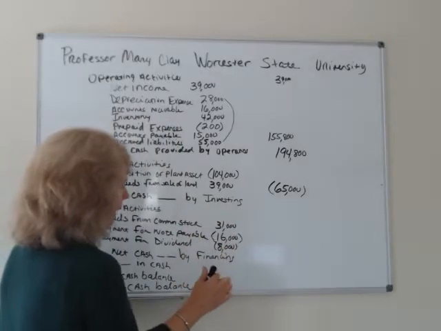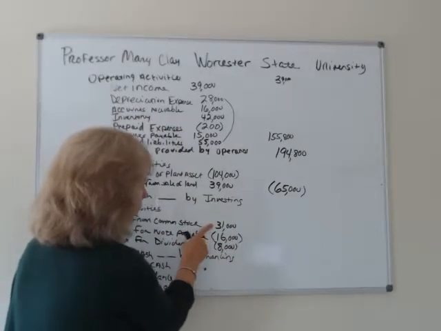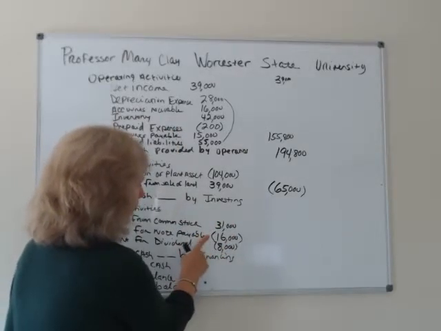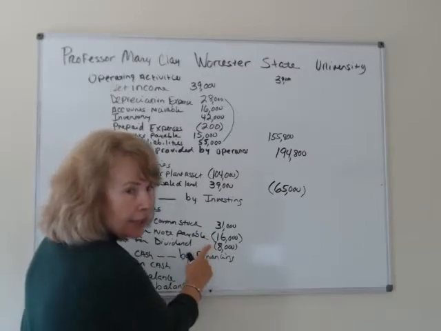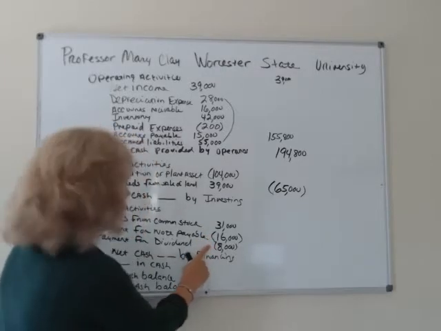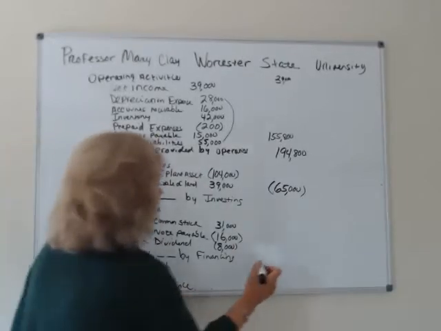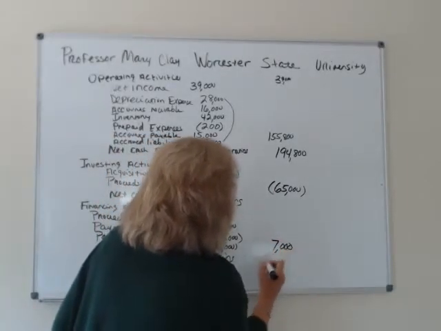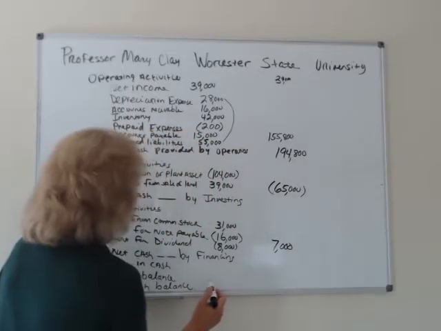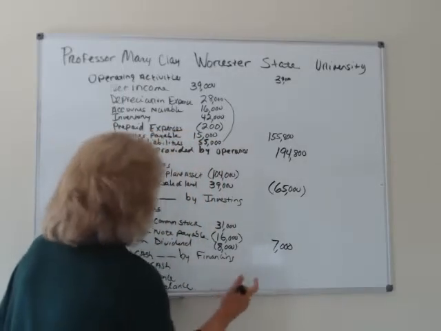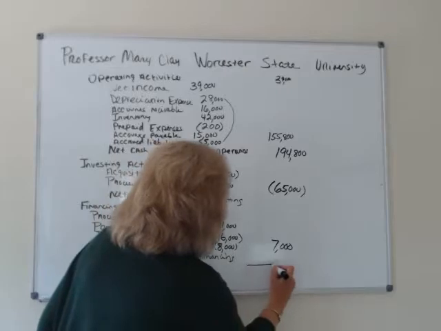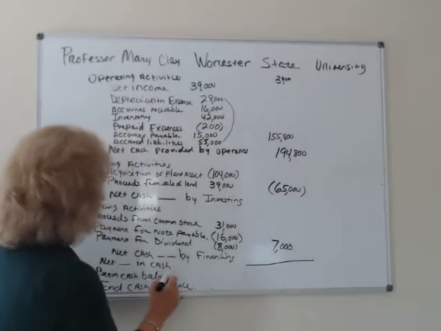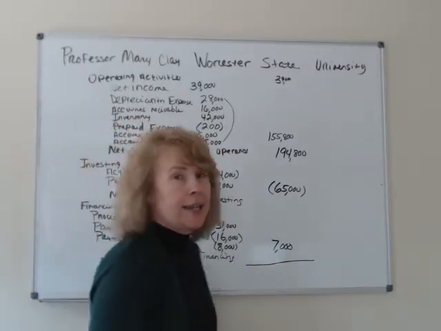Now I work on financing. I have a positive 31. I have a negative 16, a negative 8, okay? And the net effect of these is a positive 7,000. Now I draw a line, okay? So that's my financing. Now I draw a line, and I'm going to do my net change in cash. How do I get that?